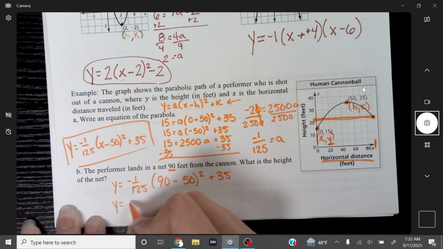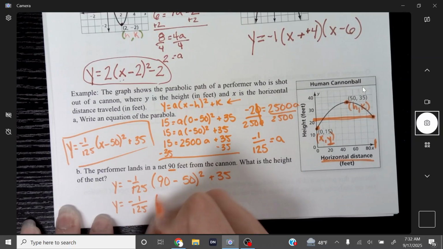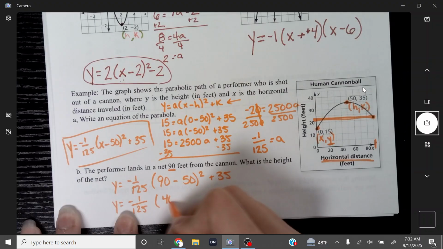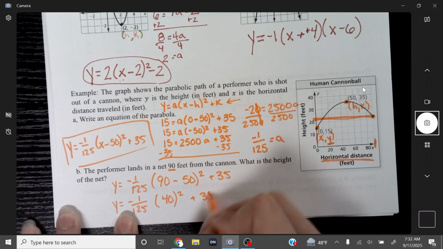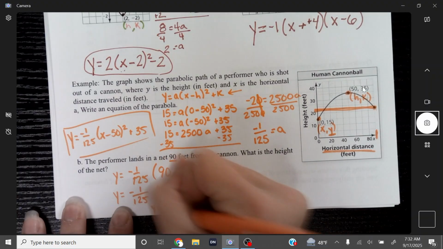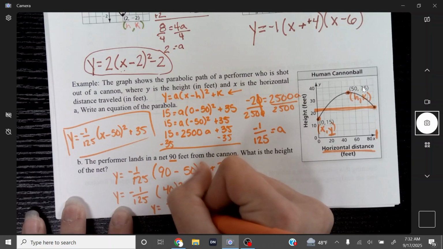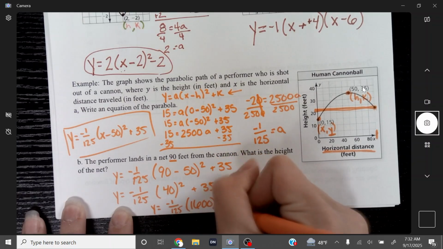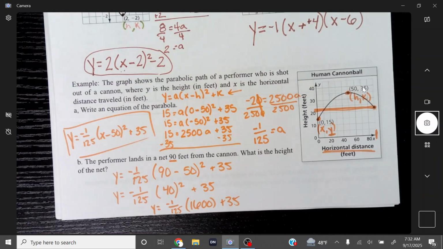Y equals negative 1 over 125 times 90 minus 50 squared plus 35. So y equals negative 1 over 125 times 90 minus 50 is 40 squared plus 35. 40 squared is 1600, so we have y equals negative 1 over 125 times 1600 plus 35.